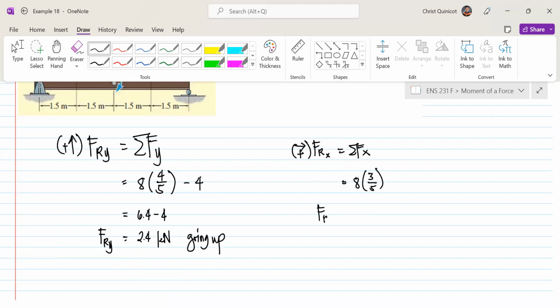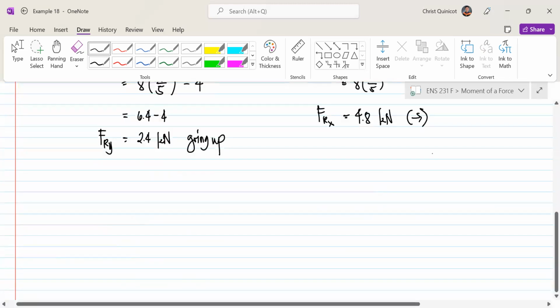So F sub Rx is 4.8 kilonewton to the right.